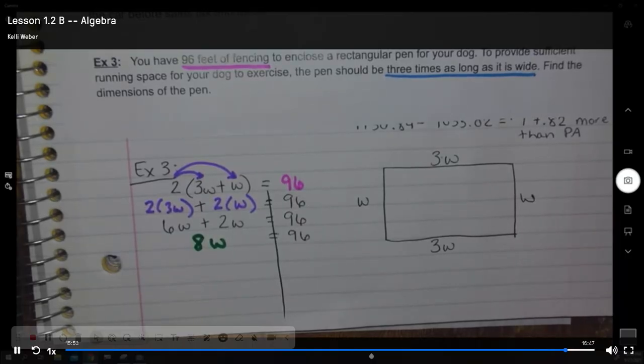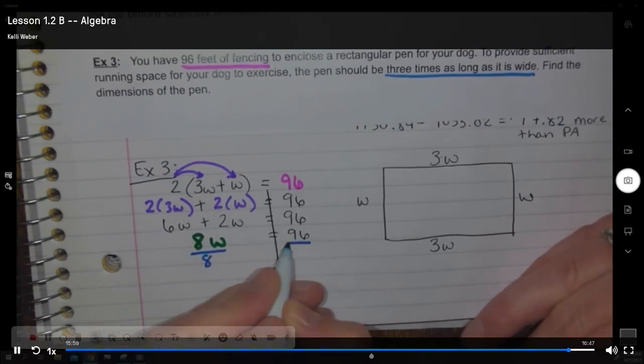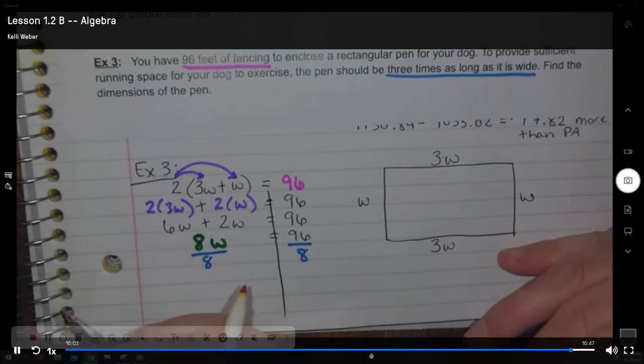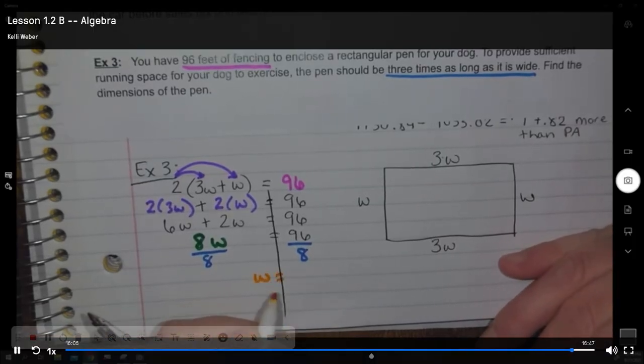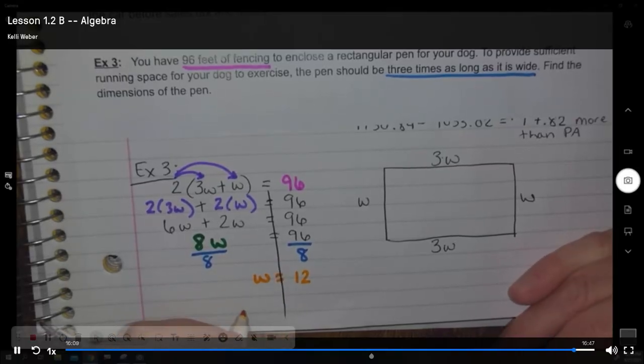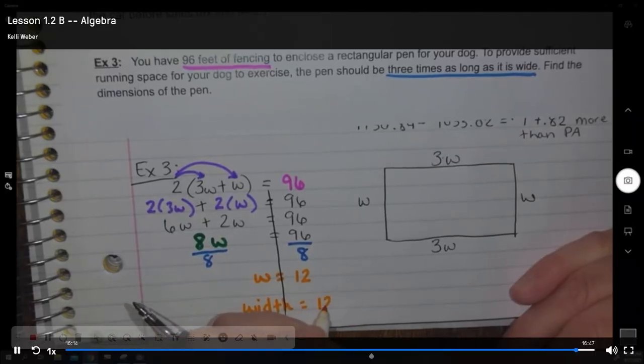I don't have any addition or subtraction to undo, so I can skip that step. I'm going to divide both sides by 8. So I discover that the width, or W, equals 12. So our width equals 12 feet.